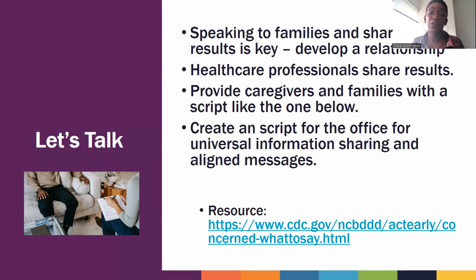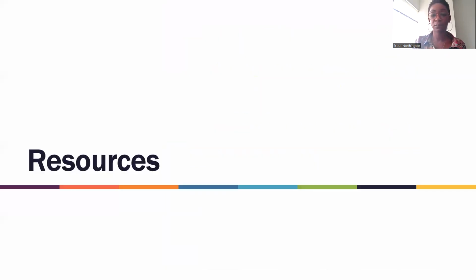Because what we don't want to do is have different messages and then families feel confused and are uncertain who to talk to, who to go to. But when we have a universal and aligned message, it often creates a little bit more stability and it puts ease in the minds of families. So those are just a couple of ways that we can talk to families as well.